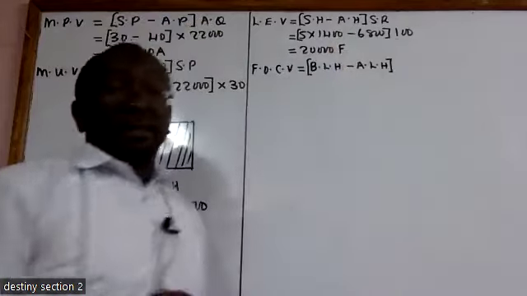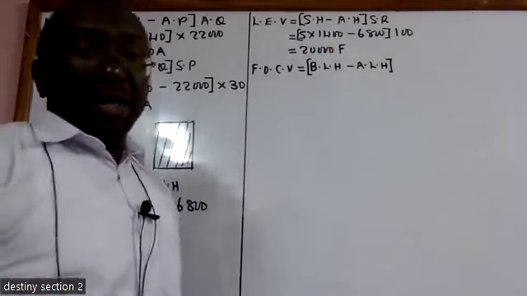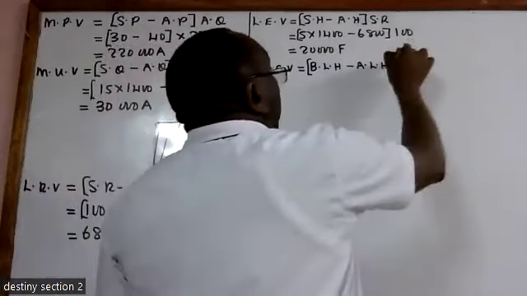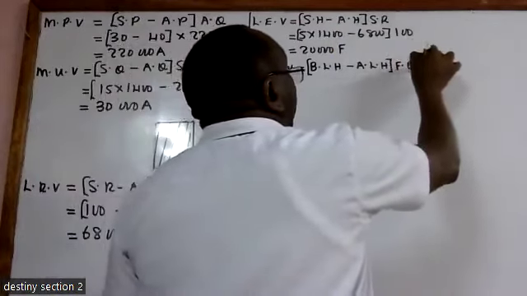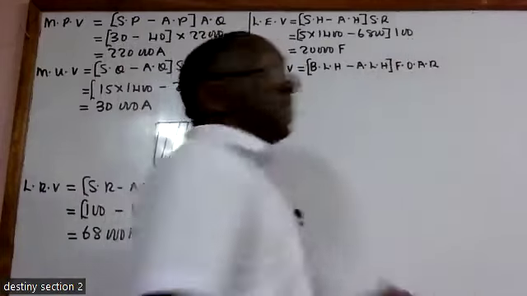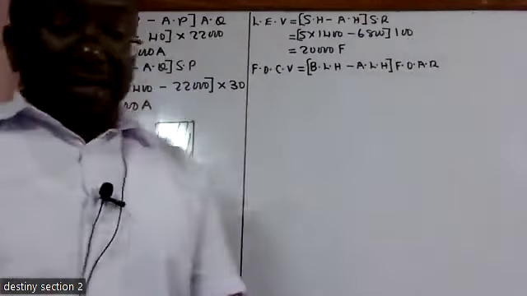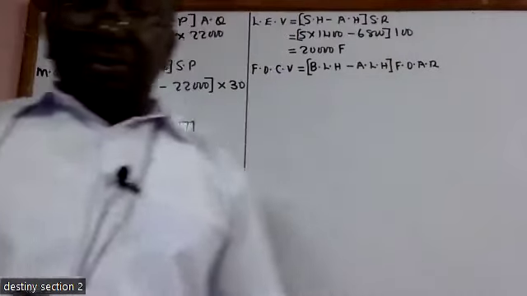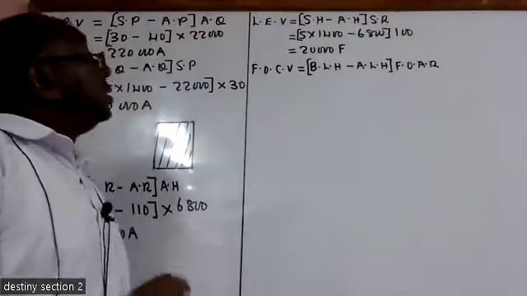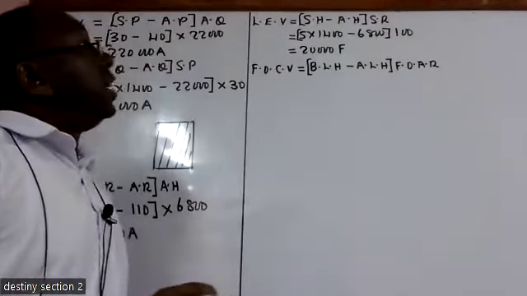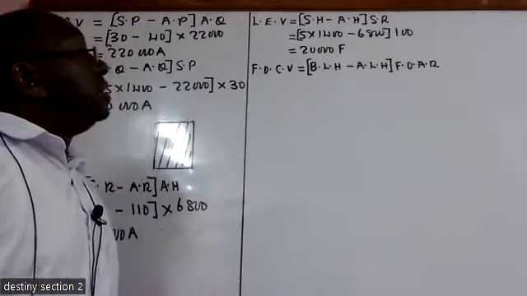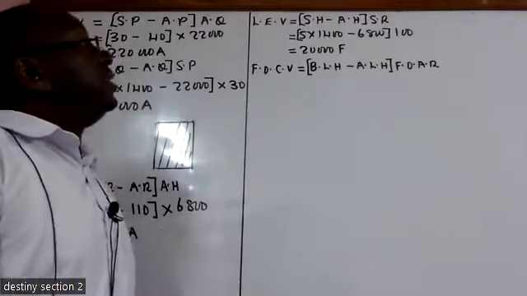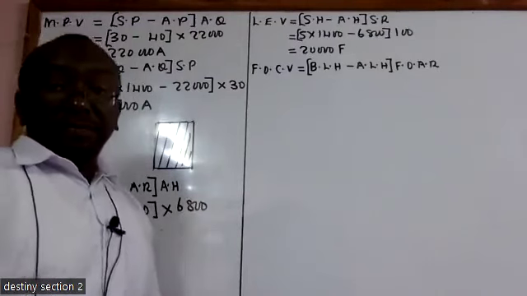You multiply by fixed overhead absorption rates. The difference is multiplied by fixed overhead absorption rates.